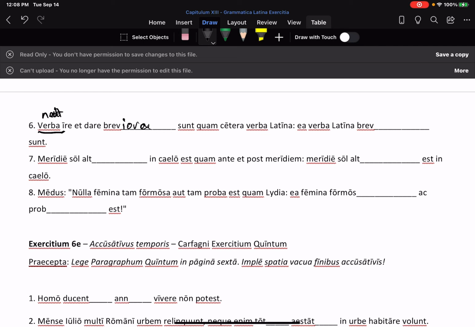That is the third declension, neuter plural. Breviora, which you'll see in the charts. Verba ire et dare breviora sunt quam cetera verba latina. Ea verba latina brevissima sunt. And again, this is just the second declension neuter plural.